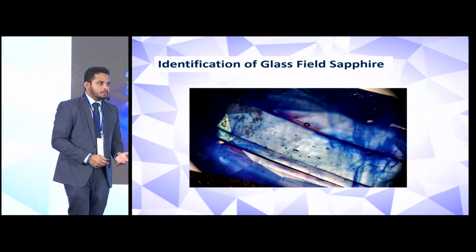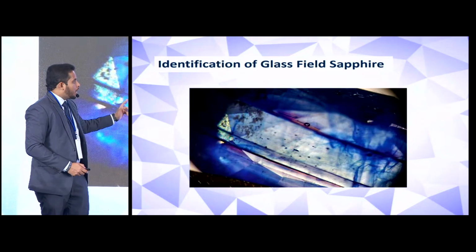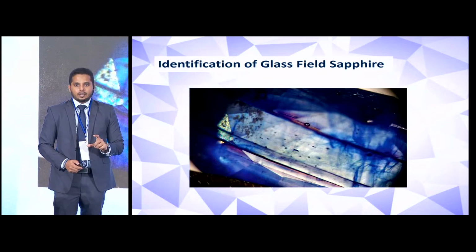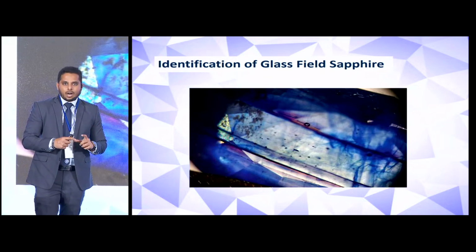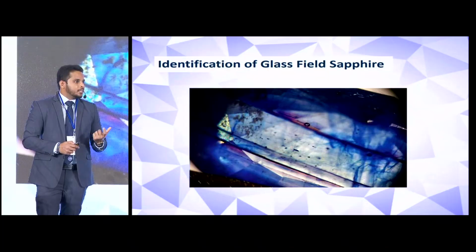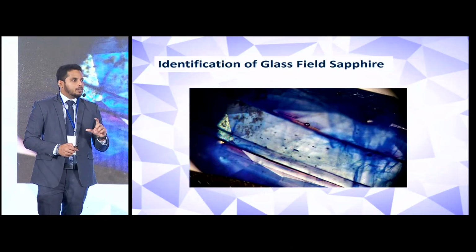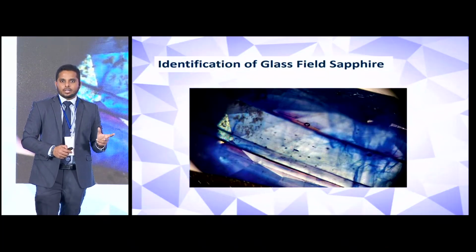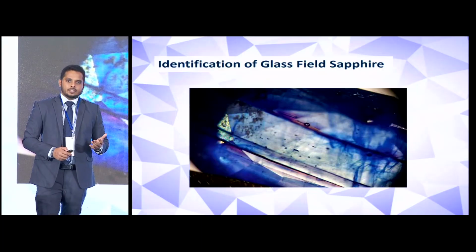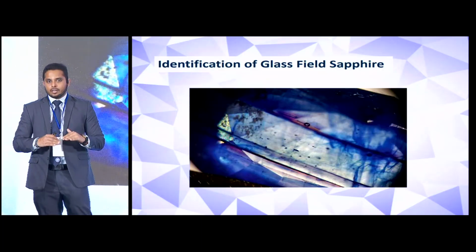In a natural gemstone, you don't get that. And also the most important thing is, once your stone is filled with glass, the refractive index has a difference. Because sapphire, or corundum, has a higher refractive index, and the glass has a lower refractive index.